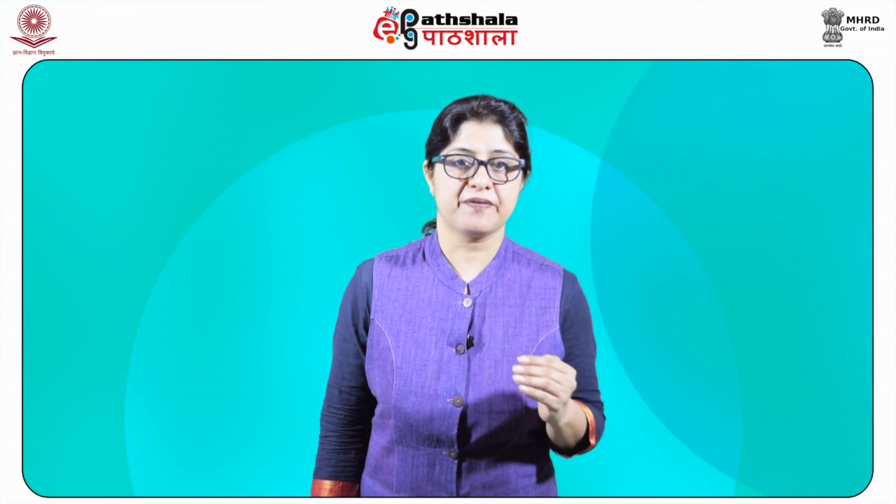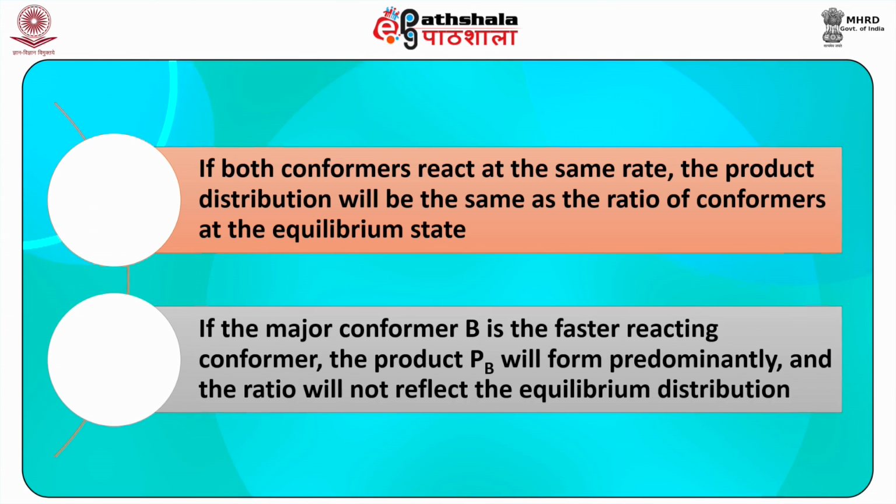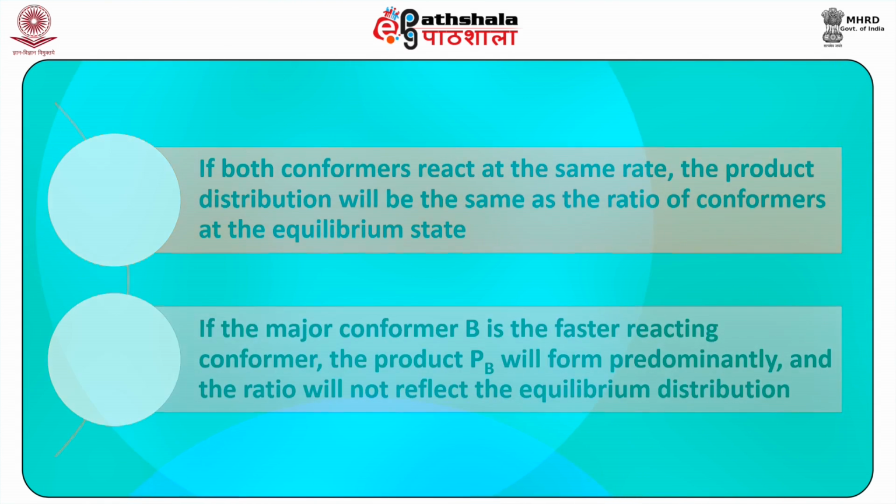In a more specific statement, if both the conformers react at the same rate, the product distribution will be the same as the ratio of the conformers at the equilibrium state. If the major conformer B is the faster reacting conformer, the product Pb will be formed predominantly and the ratio will not reflect the equilibrium distribution.